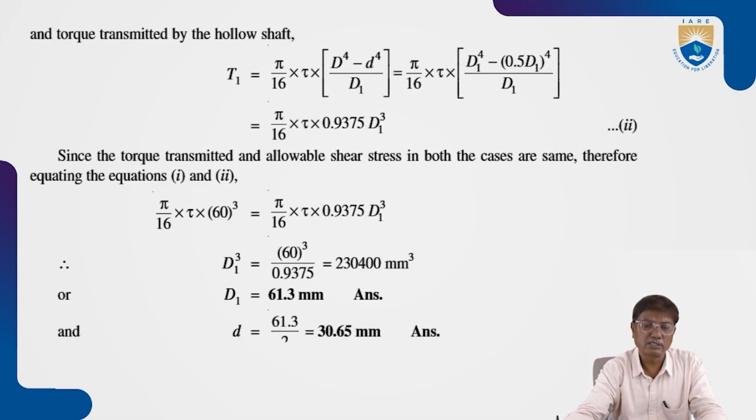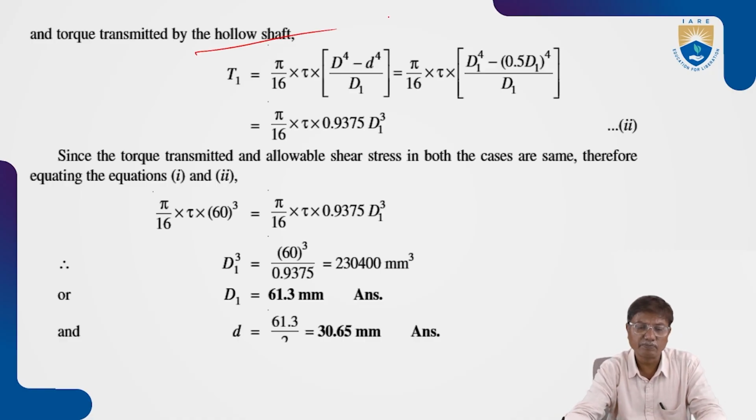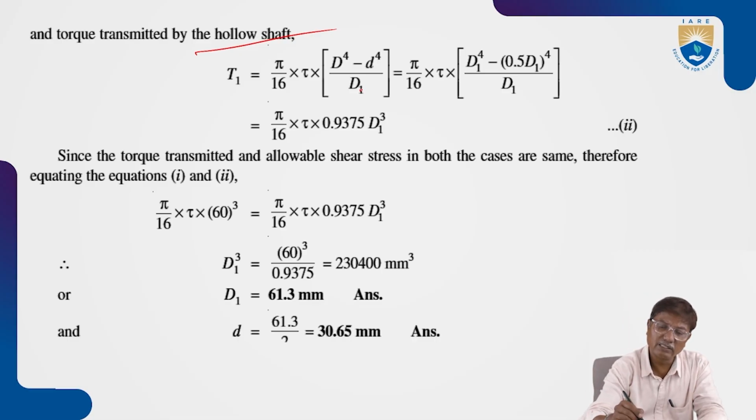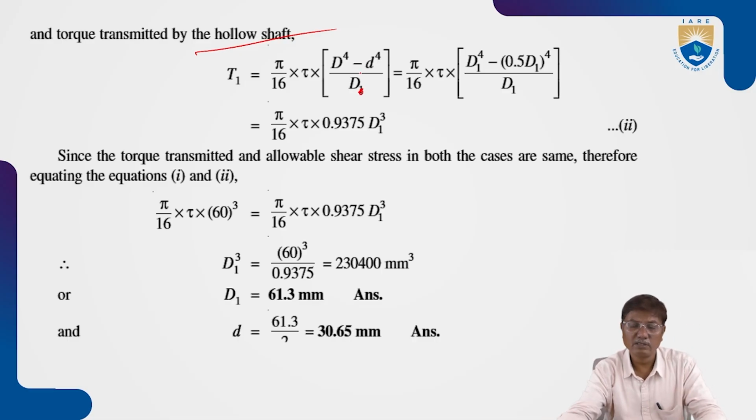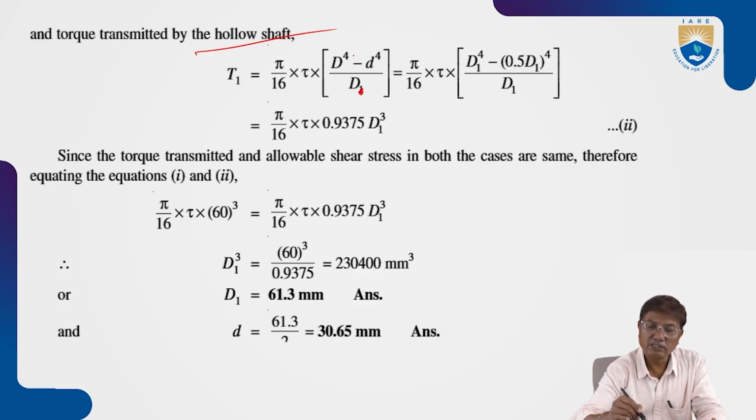And for the hollow shaft, the torque transmitted is pi by 16 tau times capital D power 4 minus small d power 4, divided by capital D. Don't get confused here, the notation is different.